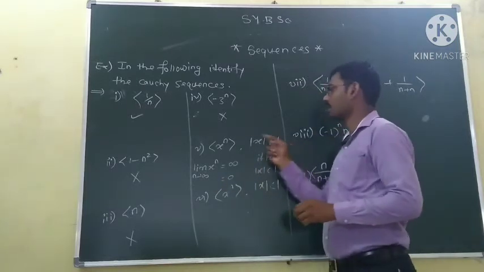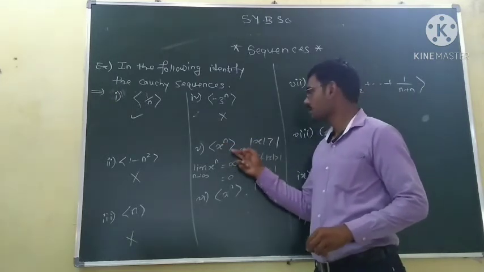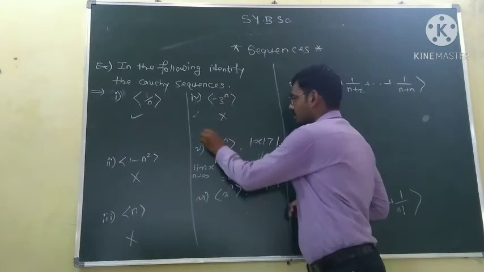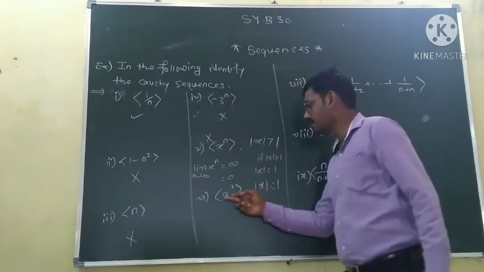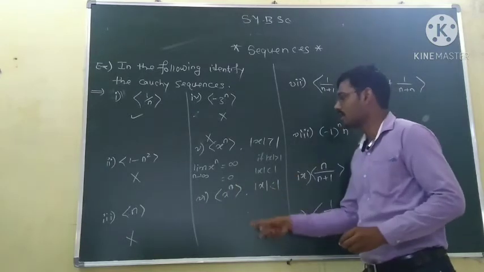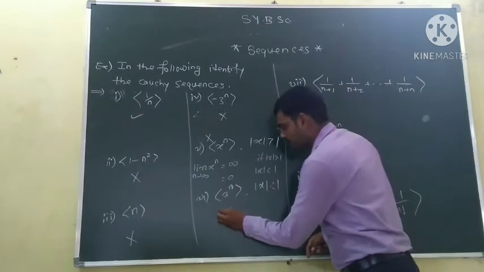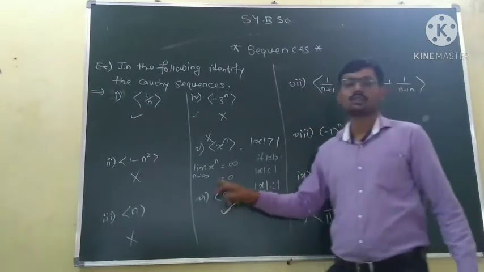Since mod x is greater than 1, the limit of this sequence is infinity, so it is not a Cauchy sequence. And the sequence x raised to power n such that mod x is less than 1 is convergent with limit 0, so it is a Cauchy sequence.